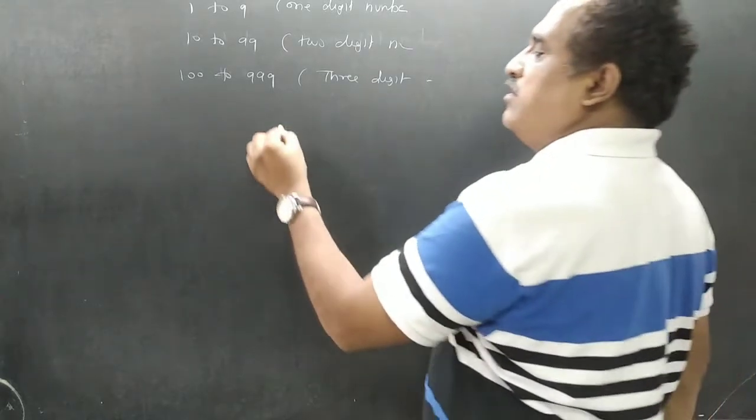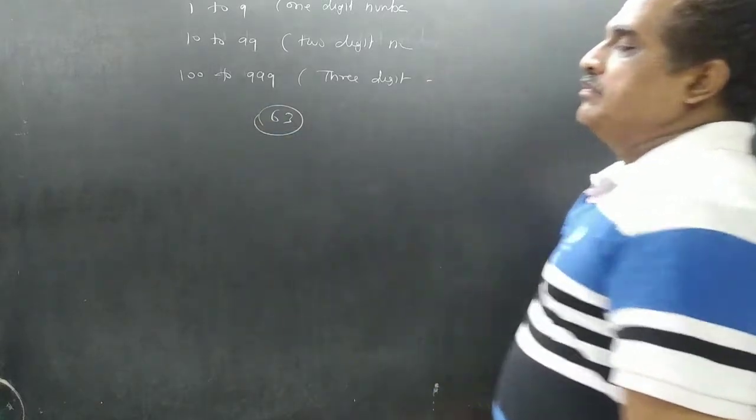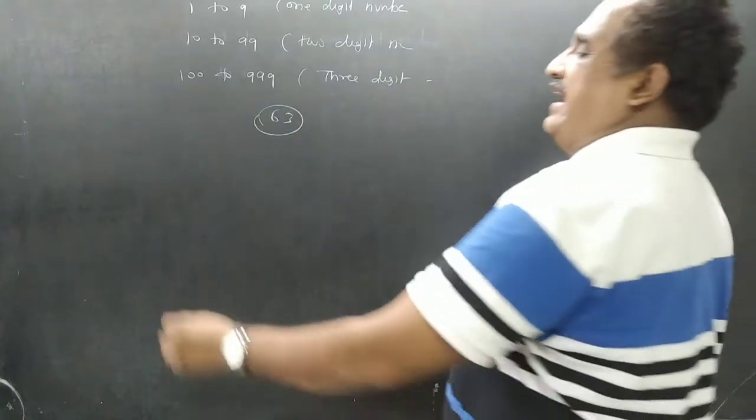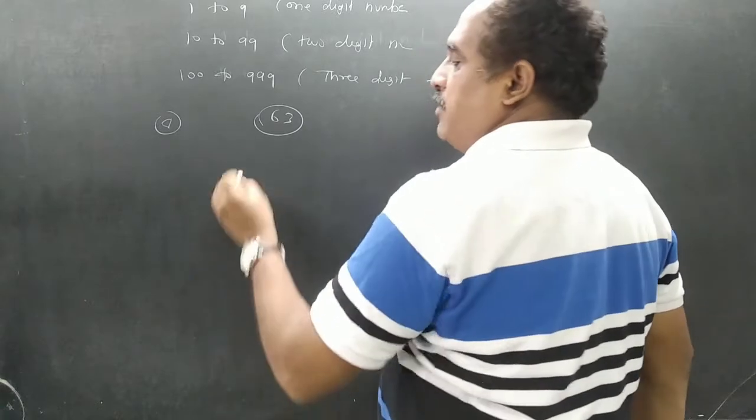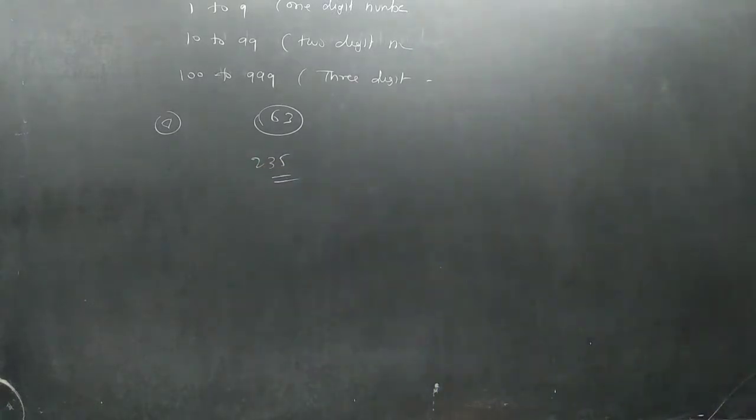Suppose I give you the example of 63. 63 is a 2 digit number, but 8 is a 1 digit number. 235 is a 3 digit number.